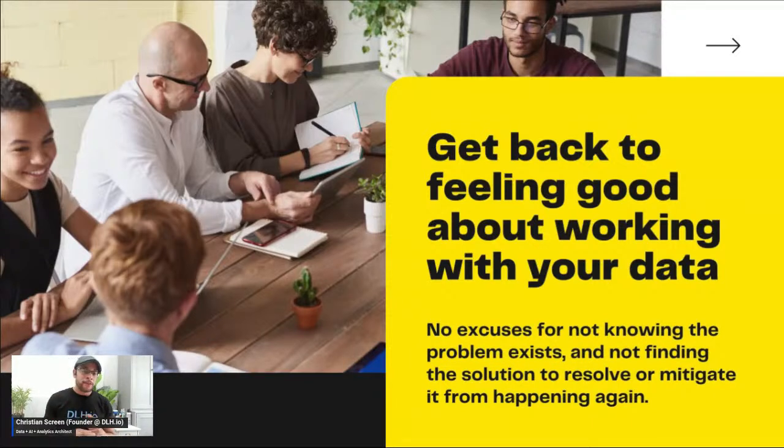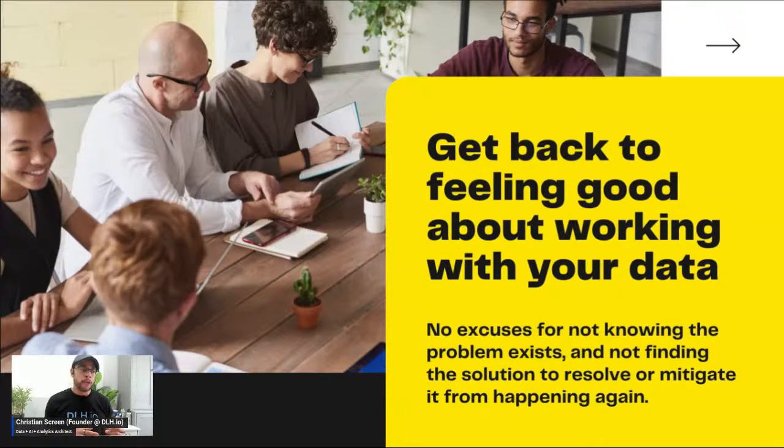So getting back to feeling good about the data that you're working with, and not making excuses for not knowing this problem exists with security is really no longer allowed. So if you are head of data, if you are CTO, CIO, CDO, you need to solve this problem for your organization. And you don't need to just solve it, you need to document it.